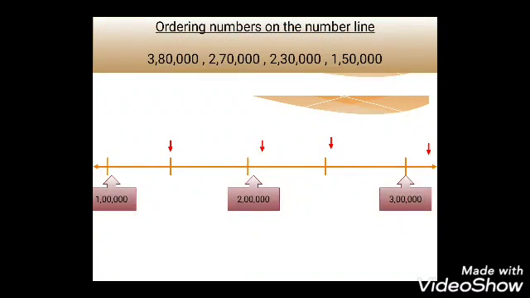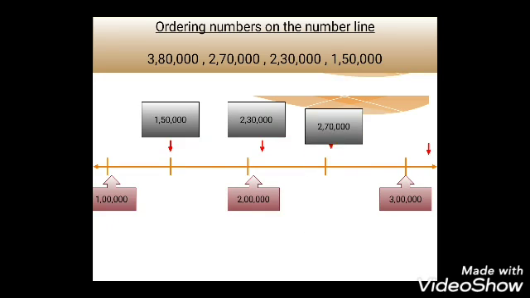We can also order the numbers on the number line. So let us place the digit on the number line. We identify what is the range. Here 1 lakh and the highest is 3 lakh. So we place it on the number line and we are able to get the order of the numbers.